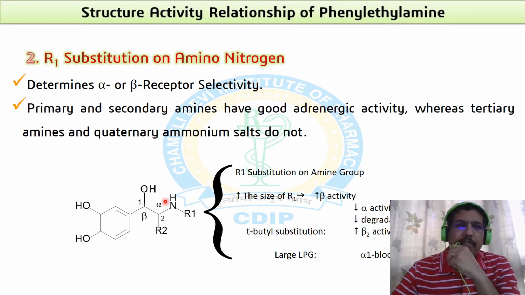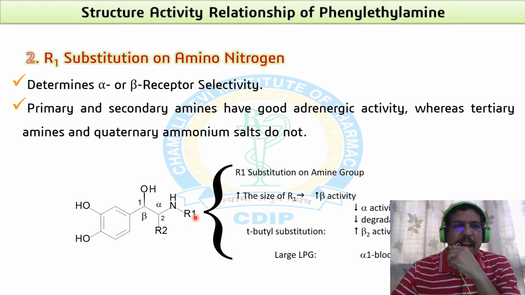But if we shift towards the tertiary, meaning these hydrogens are replaced by bulkier groups like methyl or ethyl, or if we make a quaternary ammonium salt, in those conditions the compound shows very poor activity or no activity.